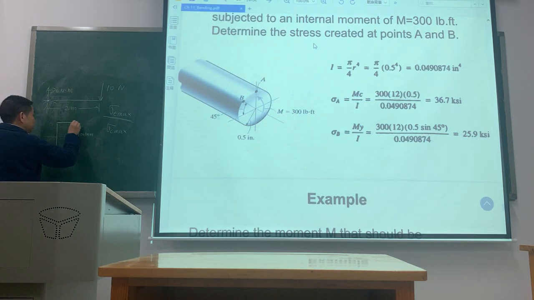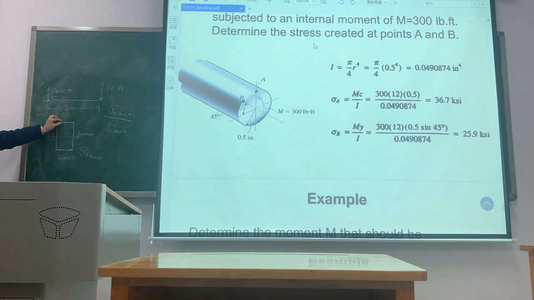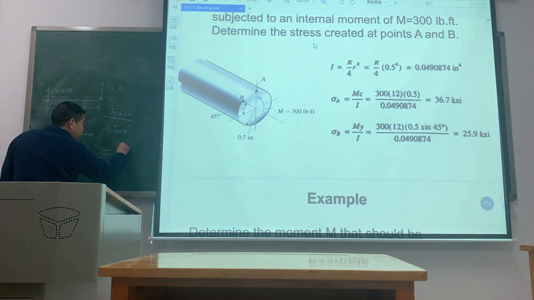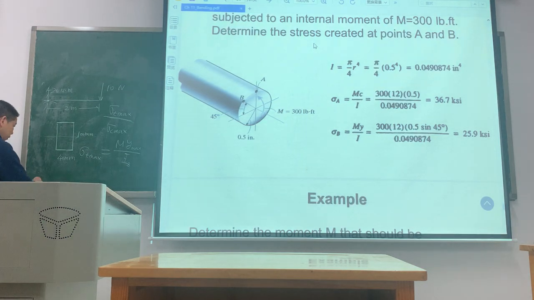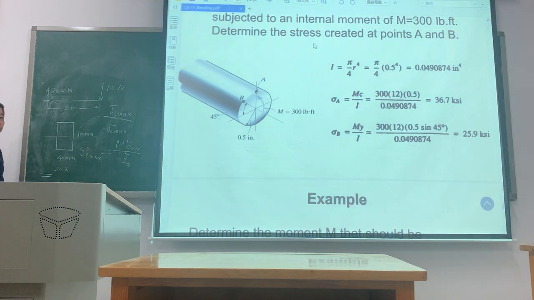So sigma T max happens at the top. It equals M y max over Iz. M is 20 Newton meter.